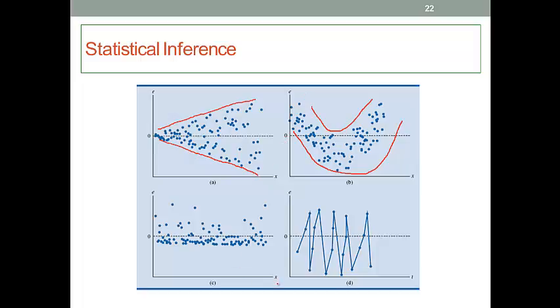What about the third one? The third residual plot doesn't show a trend. However, they are not randomly distributed around the 0 line, because the negative residuals are way more than the positive residuals, so they are not randomly distributed around the value 0.